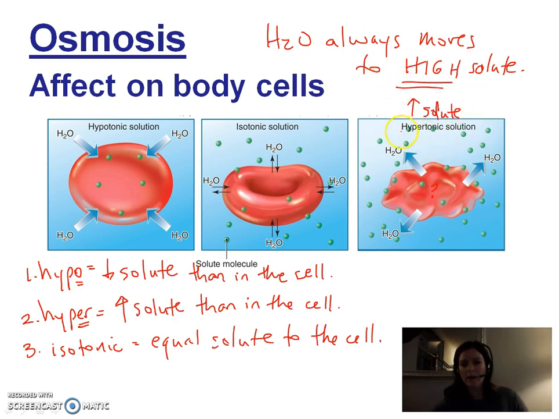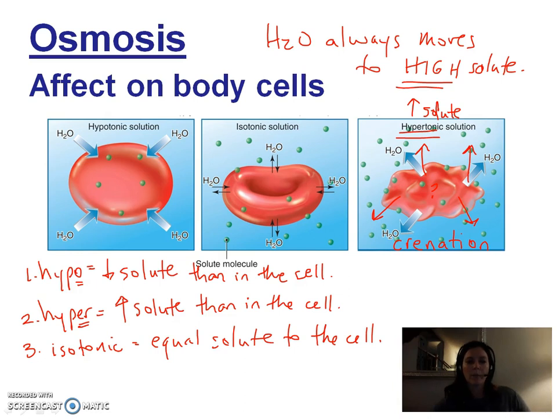If we've said that the high solute is outside of the cell, then water is going to move out towards that high solute to try to dilute the solution. But when that happens, the cell loses water and shrinks. Okay, so you can see the risk of putting a cell into a very hypertonic solution would be that the cell would lose water and shrink. All right, this is a process called crenation, or crenate, when the cell shrinks and shrivels up.